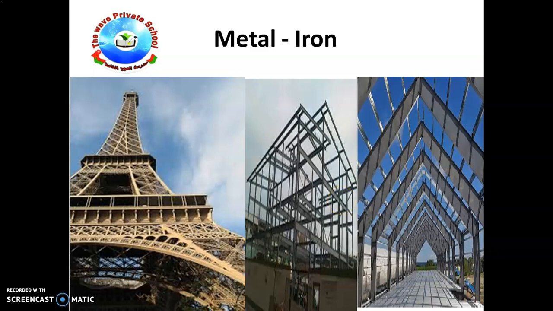What is the word we have learned? Yes, it is malleable. So what are the two words for the iron metal? These all are properties of the iron. So iron is shatter and also malleable. Okay.